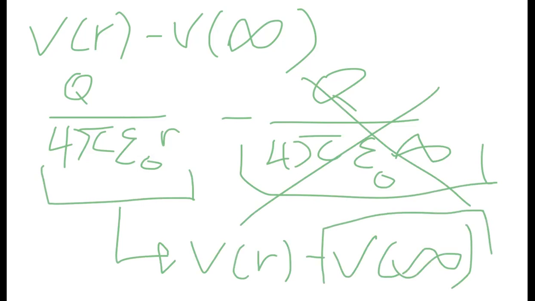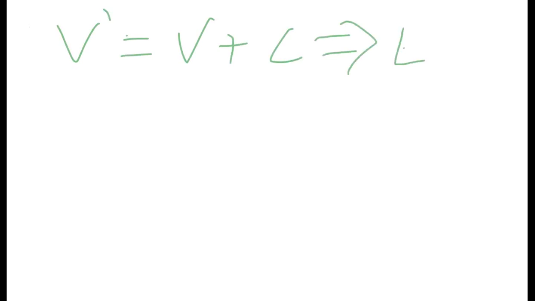Well, remember when we said that our gradient only could give us the change, right? We can say V is equal to V plus any constant C, and we get the same E. So what does that mean?